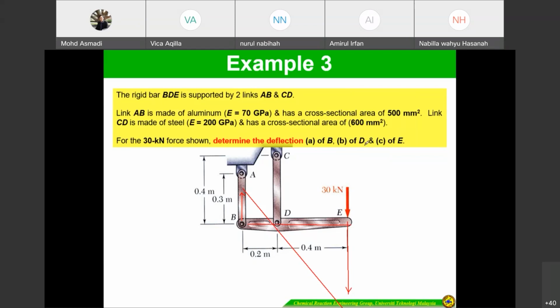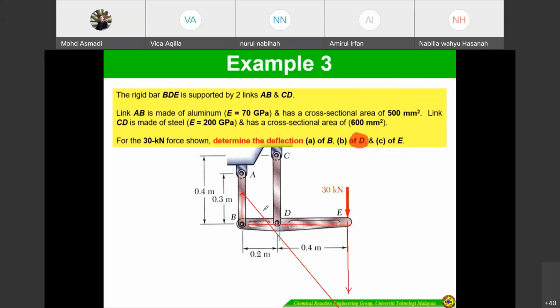There is some deflection here. This is point D. Okay, how do we find the deflection at point D?